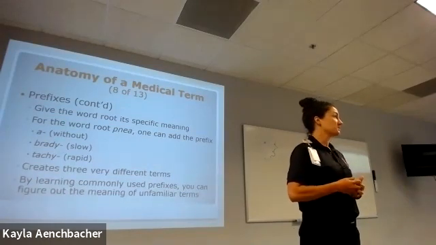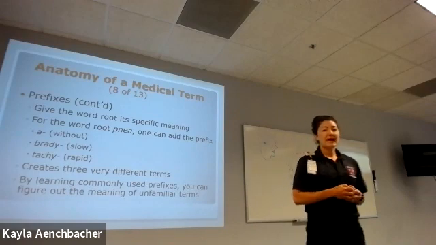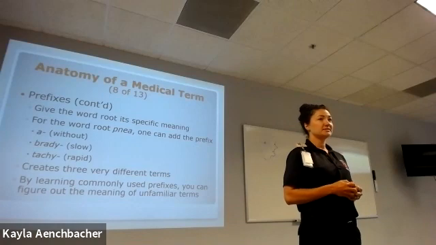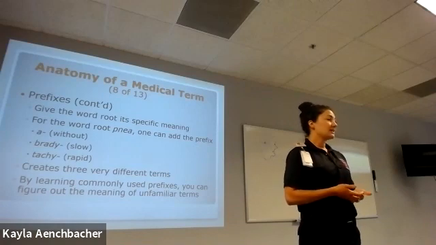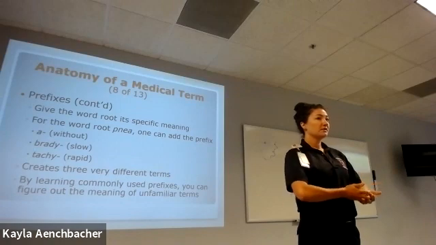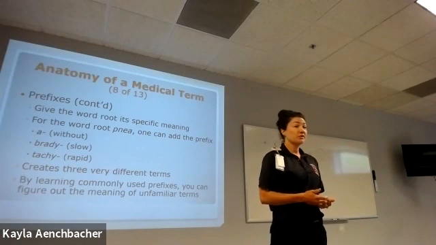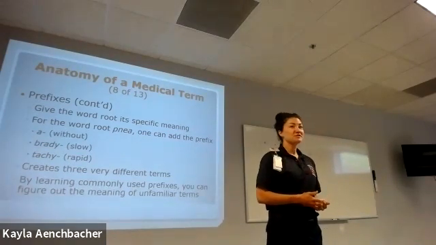They're breathing way too slow. All right, tachy is another one you guys are going to hear a lot. It's not like, oh, you're so lame, you're so tacky. Tachy means fast. If my patient is tachycardic, their heart rate's way too fast. If they're tachypnic, they're breathing too fast.